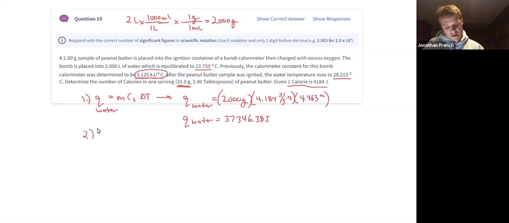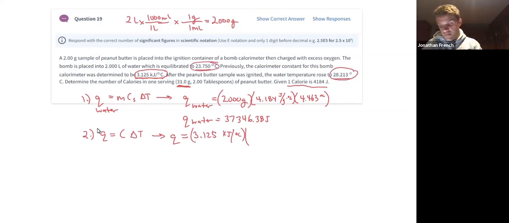So for this, we need Q equals C delta T, where Q is the calorimeter, C is this 3.125 kilojoules per degree Celsius, and my delta T is going to be the same delta T right here, 4.463.